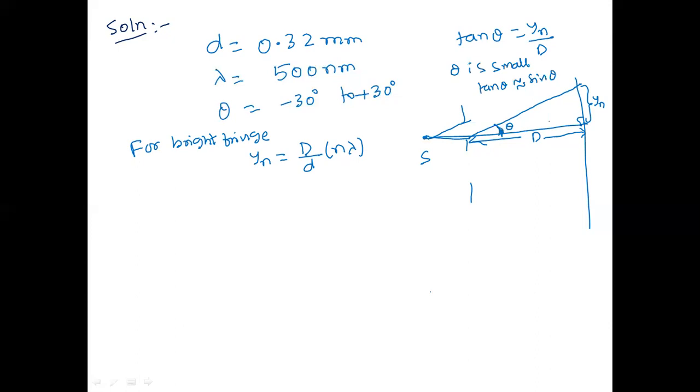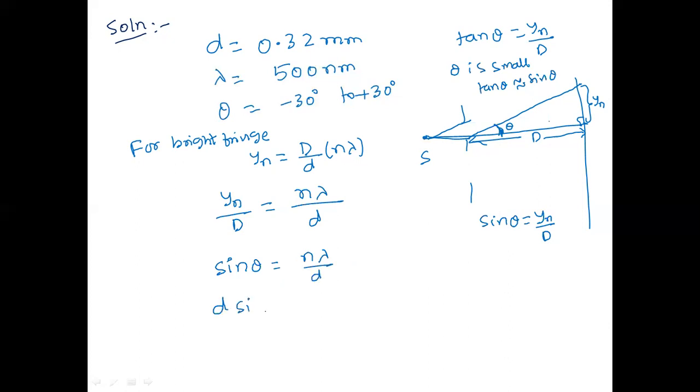Now I can write sin theta equal to yn by capital D. So yn by capital D is equal to n lambda by small d. That is nothing but sin theta equal to n lambda by d. That is d sin theta is equal to n lambda. Can I write?